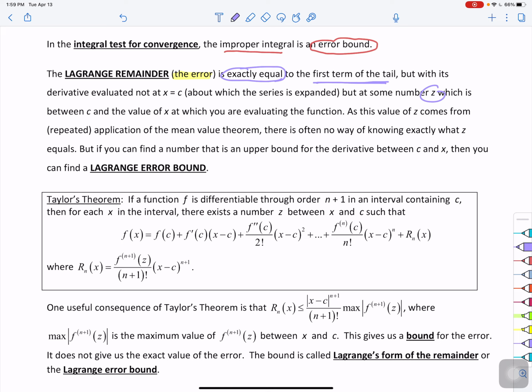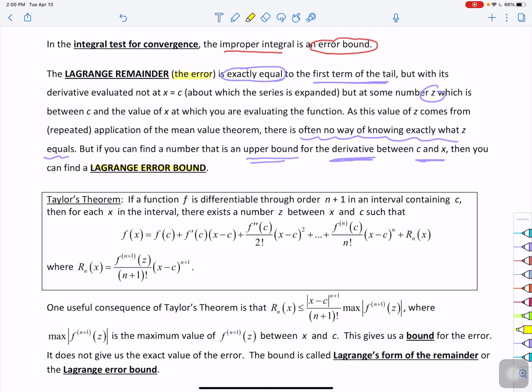As this value of z comes from repeated application of the MVT, there's really no way of knowing exactly what z equals. But we can find a number that is an upper bound for the derivative between c and x. And that's what we call our Lagrange error bound.